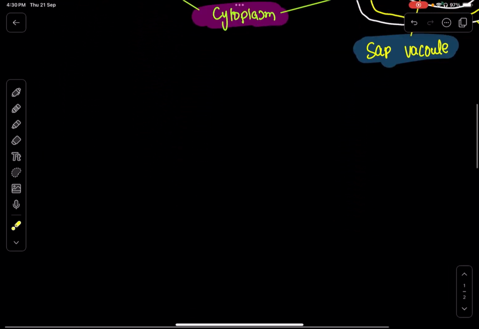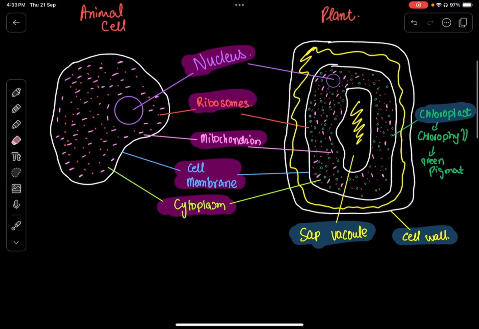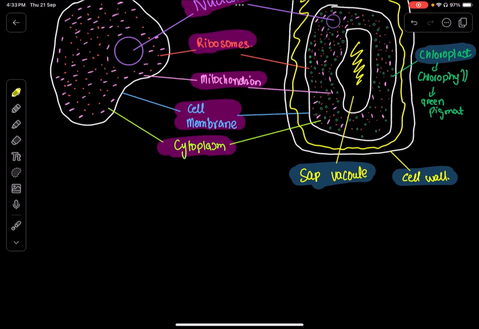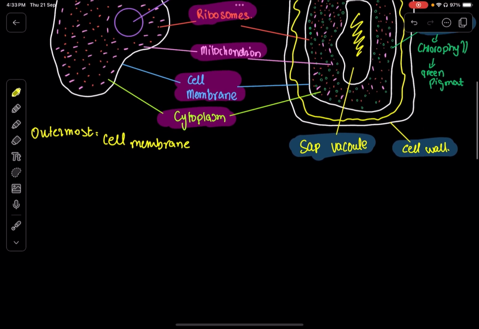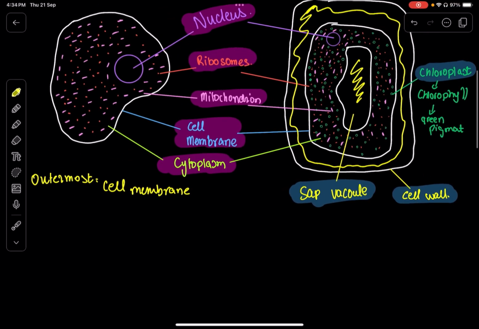Alright, so a summary of animal cell and a plant cell is that in an animal cell, the outermost is the cell membrane, and the nucleus is actually central in there.